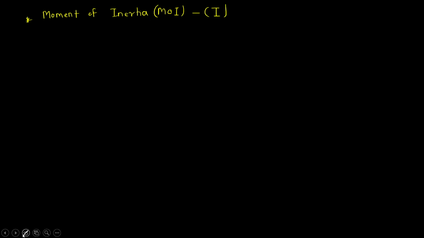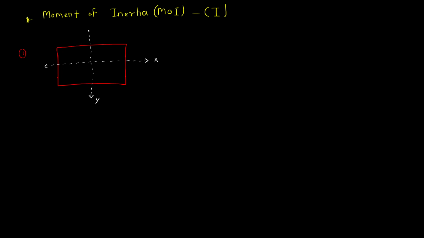So we'll take one section at a time. The first section that I am taking is a rectangular section. For this rectangular section, there are two axes. One axis is in the x direction, and the other axis is in the y direction. This point is the centroid.